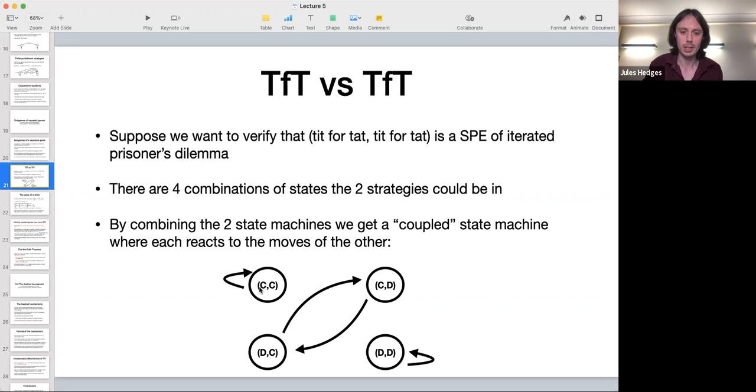Because we get 2 state machines that essentially react to each other, we can make a kind of transition system here. If both are in the cooperate state, they're just going to loop back on itself, because they're going to copy each other. If both are in the defect state, they're going to stay in the same state. If we're in the other 2 states, defect-cooperate and cooperate-defect, they're going to flip-flop.